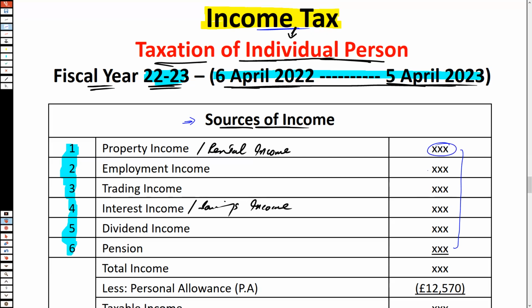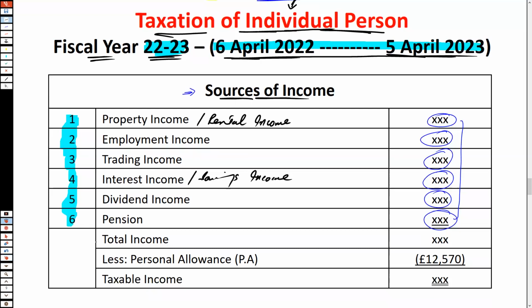Property income is a separate topic. Employment income is a separate chapter. Trading income is a separate discussion. Interest income and all these are calculated separately and reported to the sources of income, or the income sheet, of the person. Thereafter, total income is calculated. From this total income, we can deduct the amount of personal allowance. This personal allowance amount is fixed for the fiscal year 22-23 at 12570 pounds.